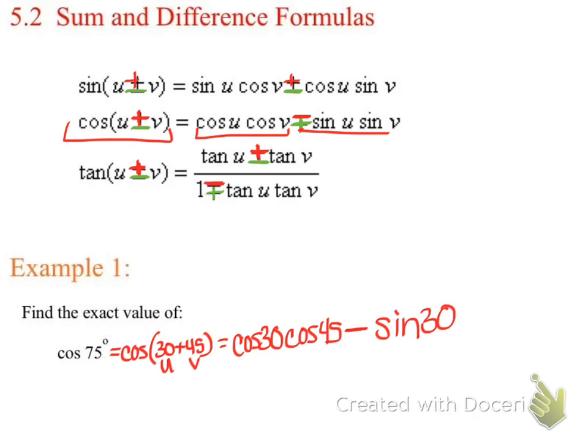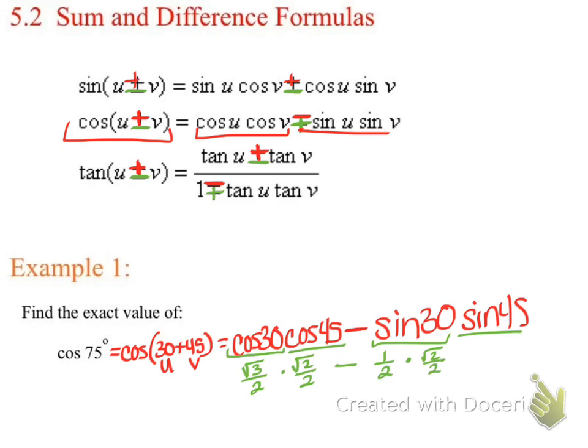Sorry, I said cosine for the last one; let me fix that real quick. The good news is sine and cosine are identical for 45 degrees, so it doesn't really matter, but let's do this right. Now we will evaluate that using my unit circle. Cosine of 30 is square root of 3 over 2, cosine of 45 is square root of 2 over 2, sine of 30 is 1/2, and sine of 45 is square root of 2 over 2.